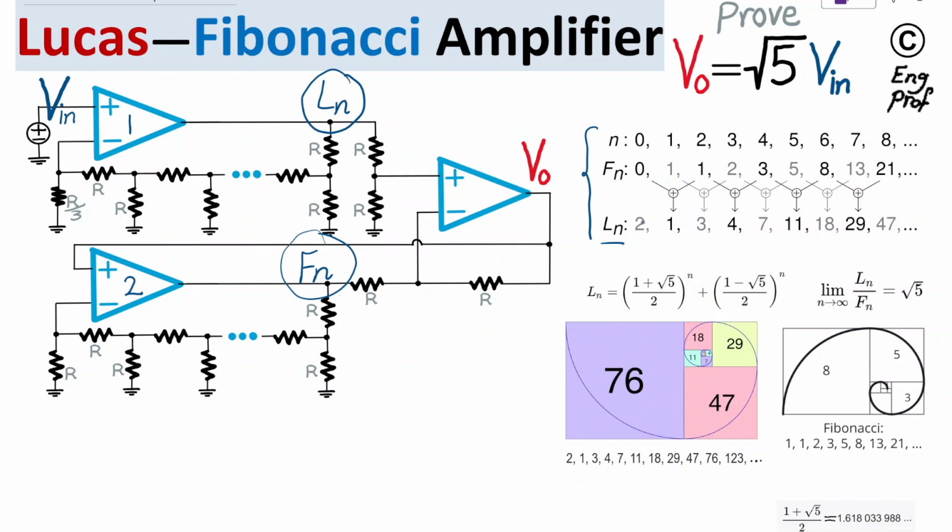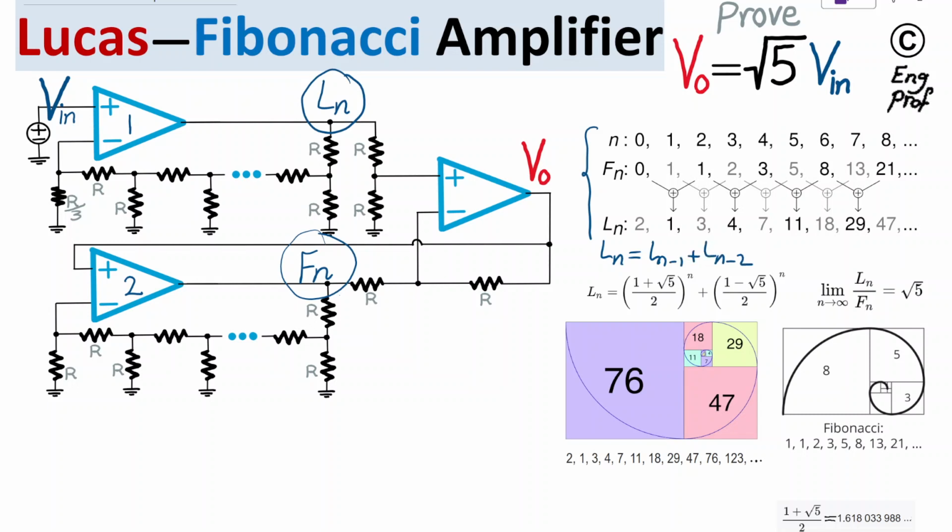Also, similar to Fibonacci numbers, for Lucas number n we have this interesting property that 2 plus 1 is 3, then 1 plus 3 is 4, and 3 plus 4 is 7, and so on and so forth. So similar to Fibonacci, Lucas number n is simply Lucas number n minus 1 plus Lucas number n minus 2.